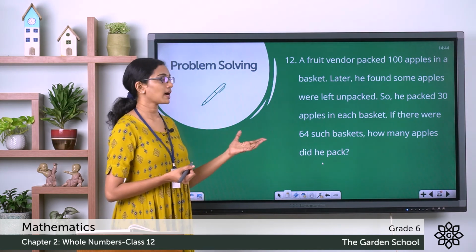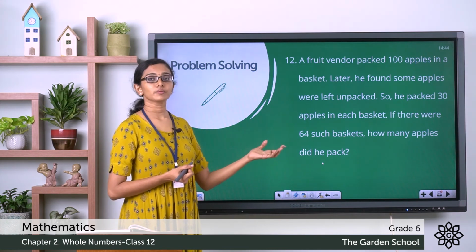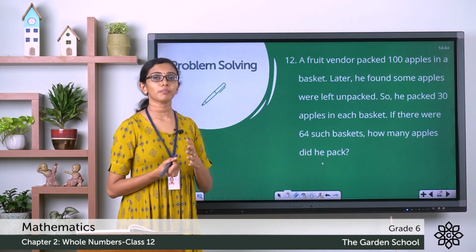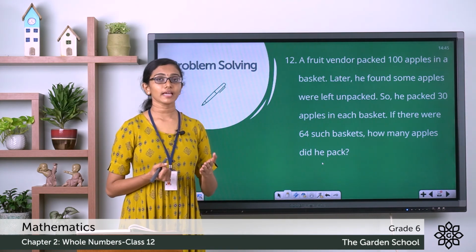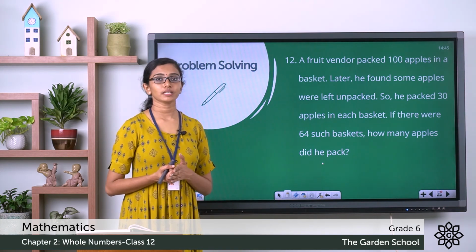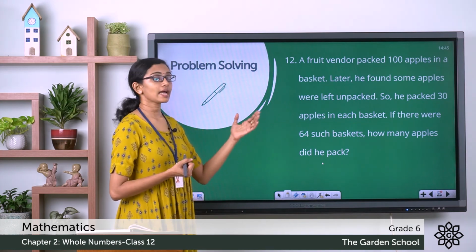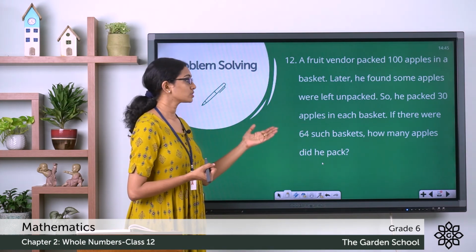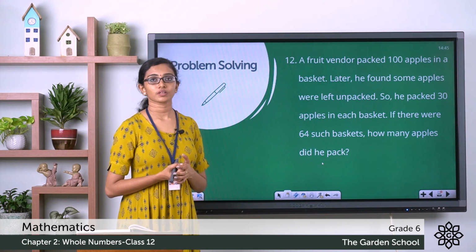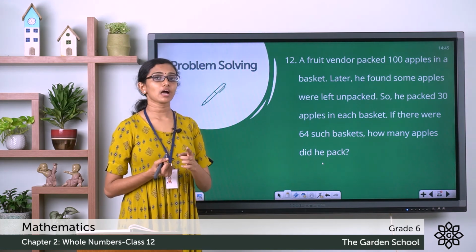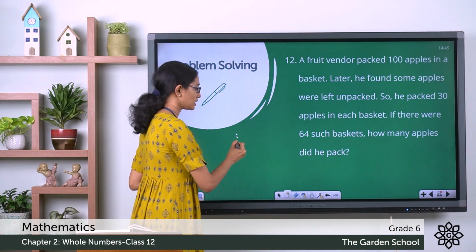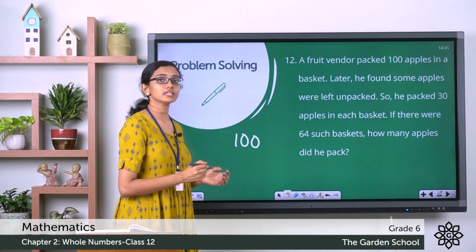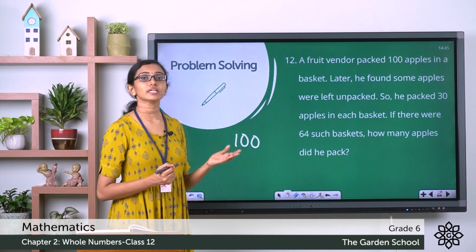So first he packed it like 100 apples in each basket. But then what happened? A few apples were left. So from the apples which were left unpacked, he packed 30 apples each into the 64 baskets. So can you tell me how many apples will there be in each basket now? So first he packed 100, then he added 30 more to each basket.